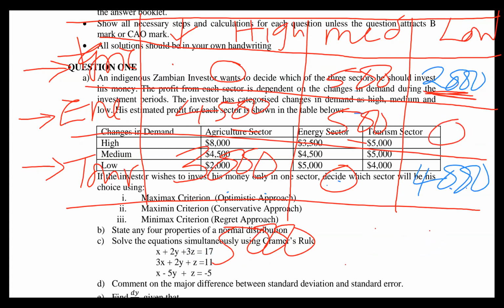It will be 5,000 minus 5,000. Then 5,000 minus 4,000 here, it will be how much? It will be 1,000, right? Yes, sir. 1,000. And here, it will be 3,000. Are we all fine on how we form the regret table?